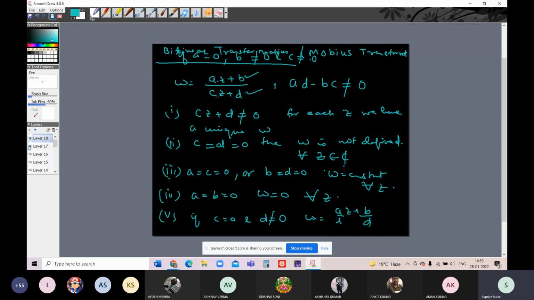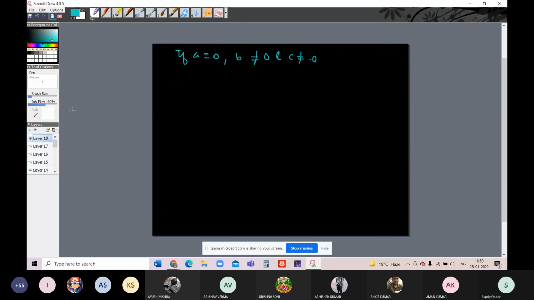So w will be b/(cz + d), which can also be written as (b/c) · 1/(z + d/c). So let us look at this map.